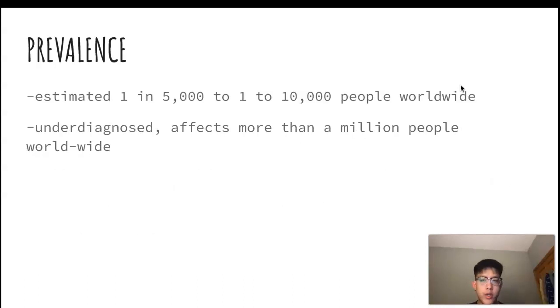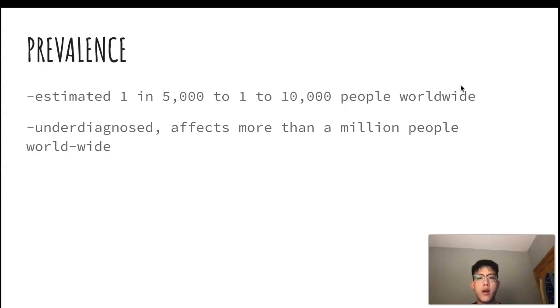And just the prevalence. For HHT, it's estimated that 1 in 5,000 to 1 in 10,000 people worldwide are affected. And it is underdiagnosed.